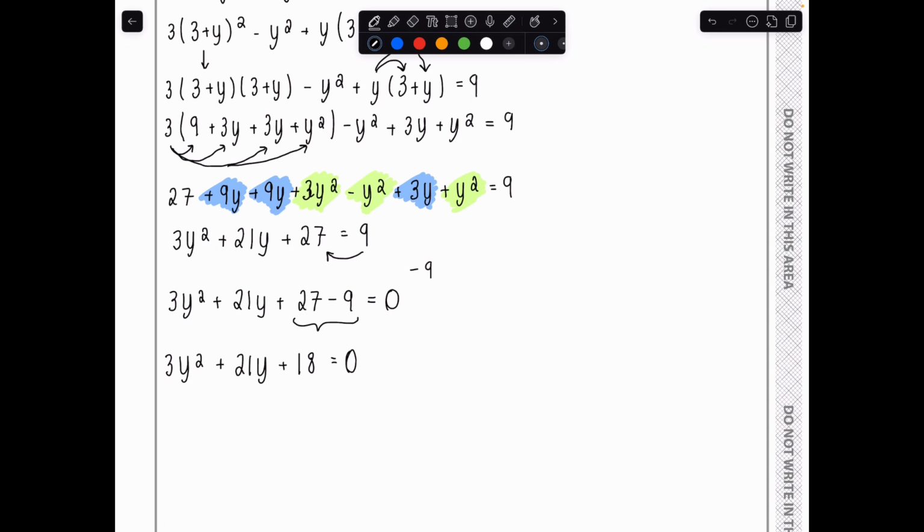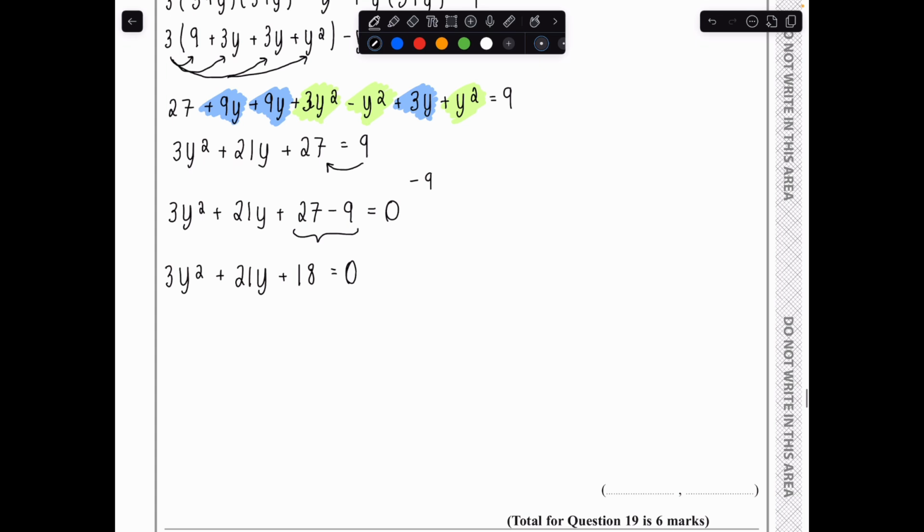So how do we do that? One thing we can realize here is 3 is divisible by 3, 21 is divisible by 3, and 18 is divisible by 3. So let's just divide everything by 3. If we do so, we get y squared plus 7y plus 2, and all of that is equal to 0, isn't it? Now, the next thing that we need to think about here is, how do we factorize this?